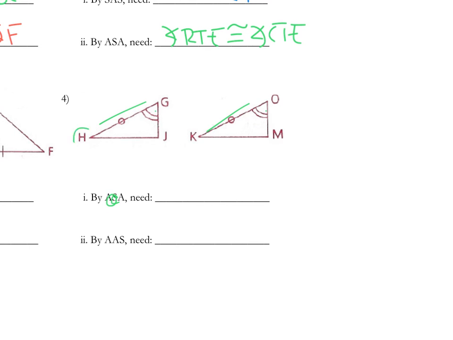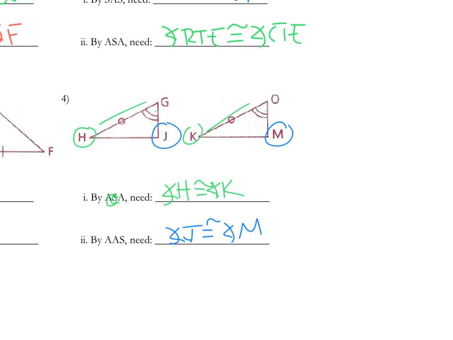I need the side to be in the middle, so I need H is congruent to K. Okay, and then the last one is by angle, angle, side. So I don't want the side in the middle. So then I can't use H and K, right? Because that would make the side in the middle. So then I have to use M and J.